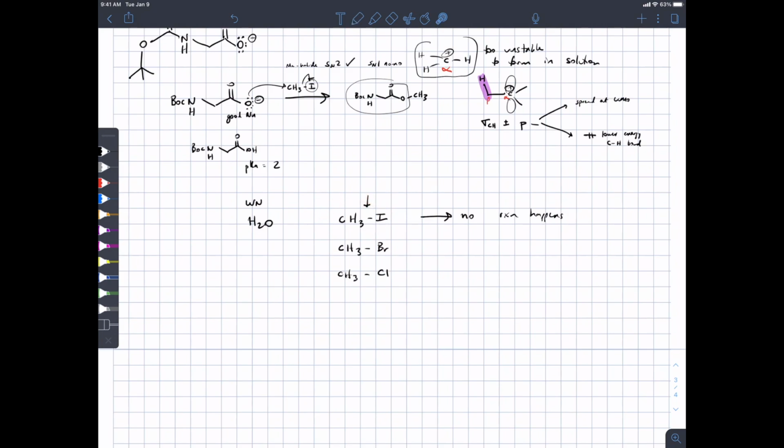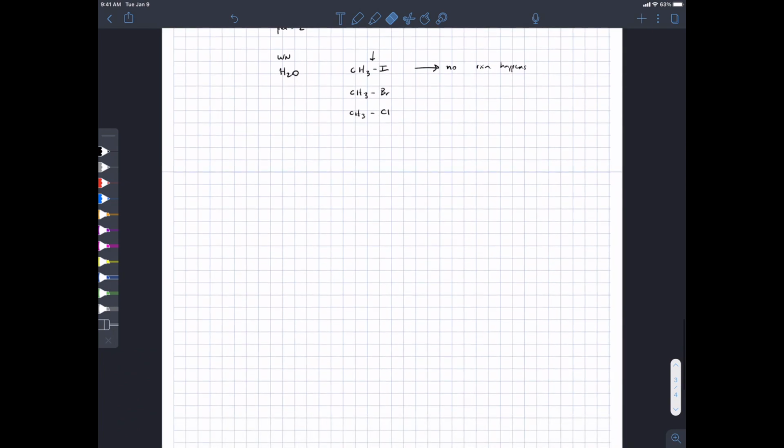The methyl iodide, it turns out, is probably water sensitive. It is reactive enough that it can do SN2. But for our purposes, if you have a combination between a weak nucleophile and a methyl or primary alkyl halide, we'll say nothing happens.